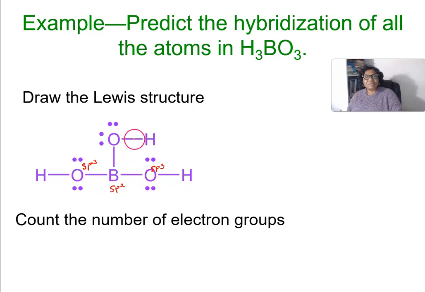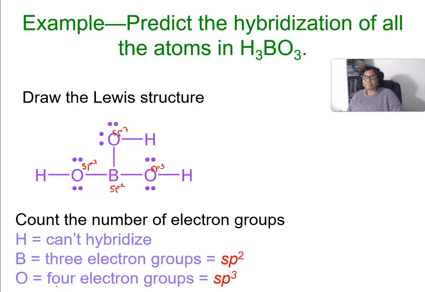Then look at this. 1, 2, 3, 4. This is sp3. Hydrogen doesn't have hybridization. Hydrogen can't hybridize. Boron, 3 electron groups, sp2. Oxygen, 4 electron groups, sp3.